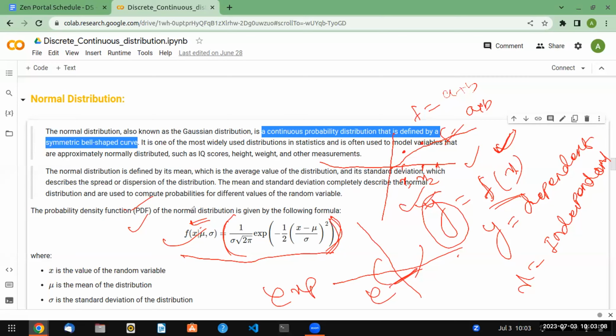Now, if you want to plot, then you take x1, x2, any number from your data set, and you put it inside this formula. Whatever value you get, you plot x1, then that respective y value that you got. x2, then that respective y value that you got. Like this you plot, and this is your Probability Density Function.